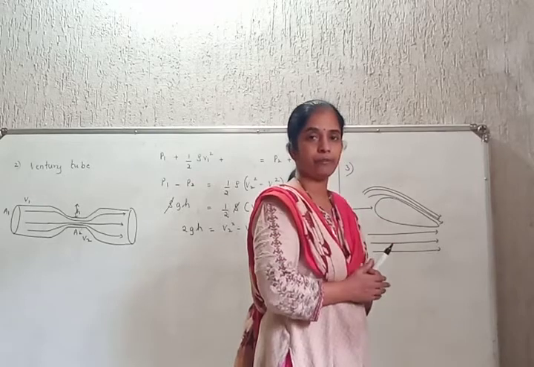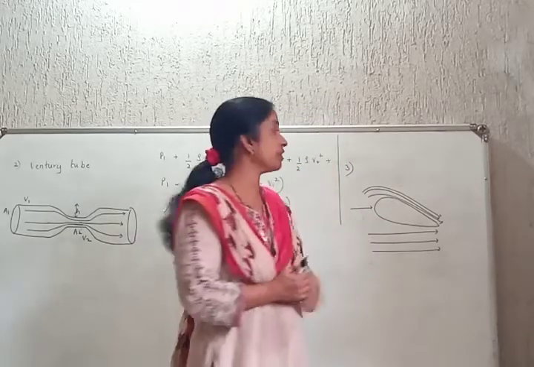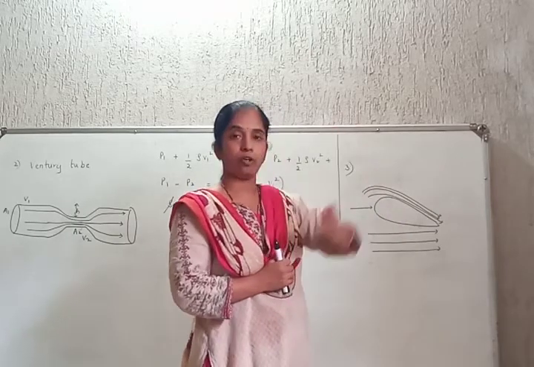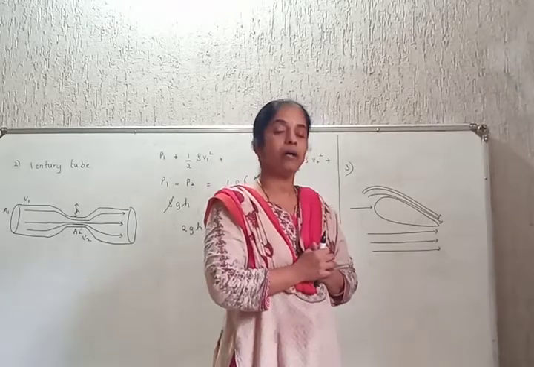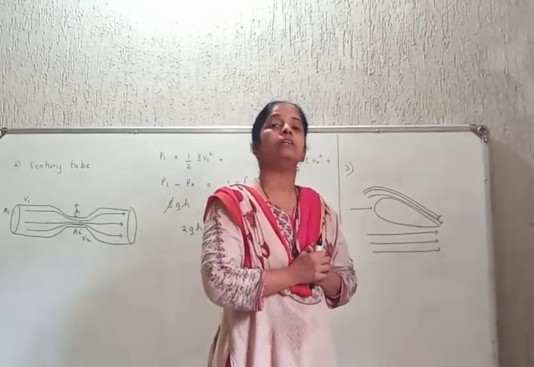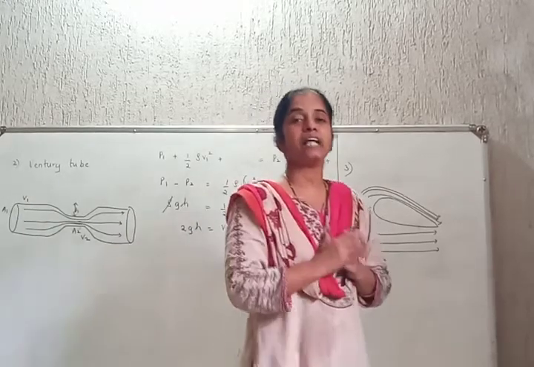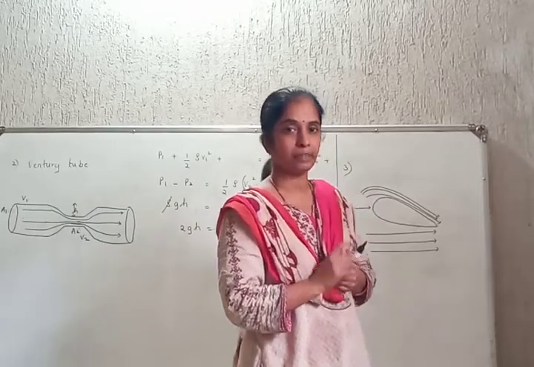of the wing. Since the streamlines are overcrowded, the speed of the air at the upper layer of the wing is very high. Speed is high, and the more the speed, the lesser the pressure as per Bernoulli's principle.